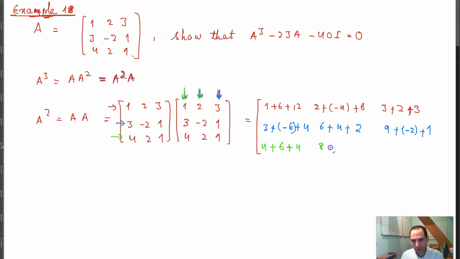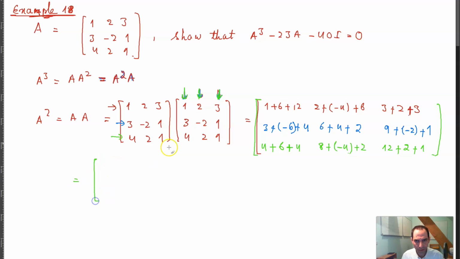Then 4 times 2 is equal to 8, 2 times negative 2 is equal to negative 4, 1 times 2 is equal to 2. Then 4 times 3 is equal to 12, 2 times 1 is equal to 2, 1 times 1 is equal to 1. That would be my matrix.